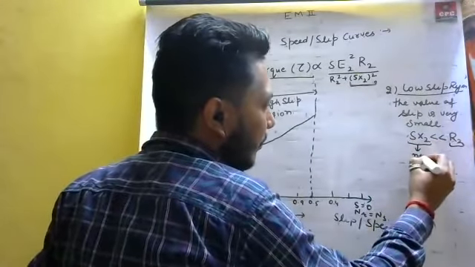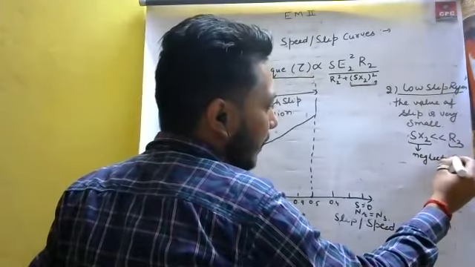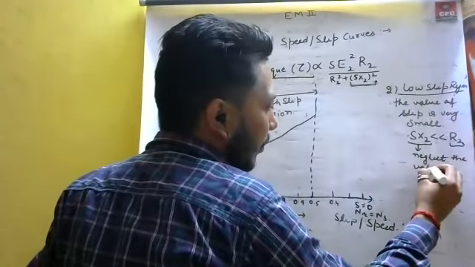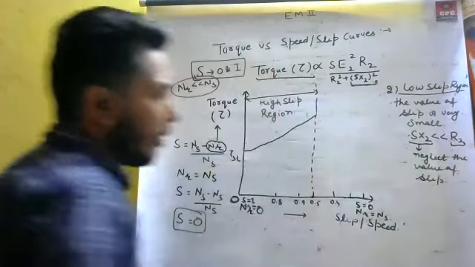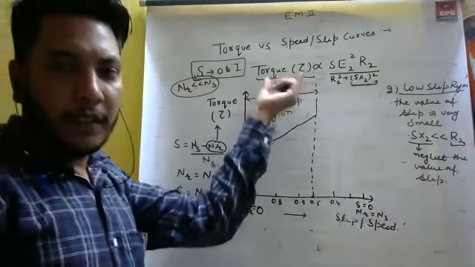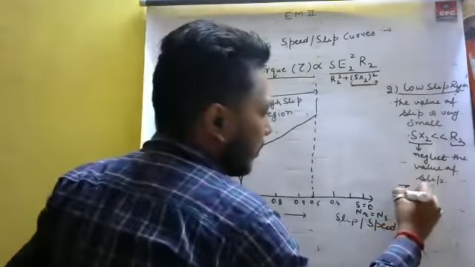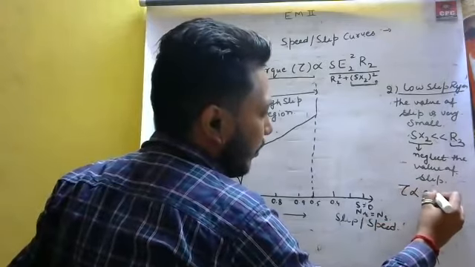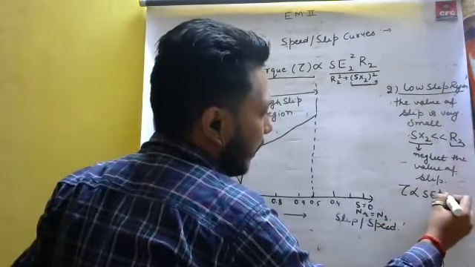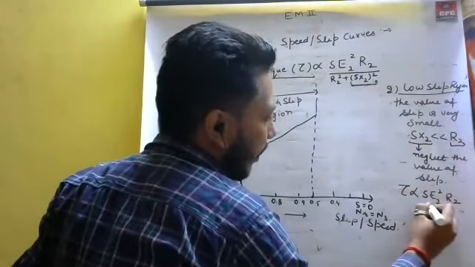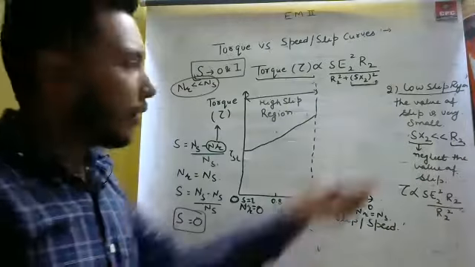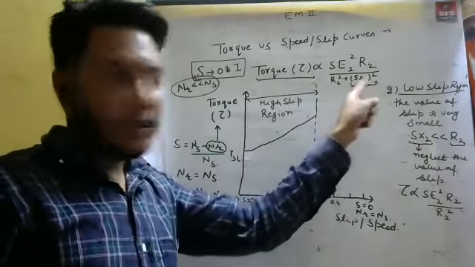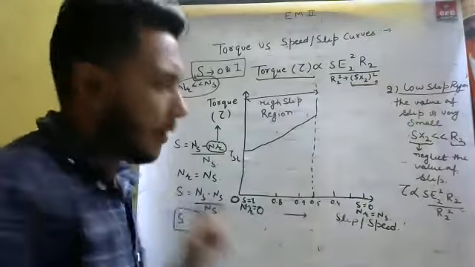So neglect this value. Now this torque equation becomes: torque is directly proportional to S into E2 square into R2 upon R2 square, because we neglect this as we are talking about the low slip region.